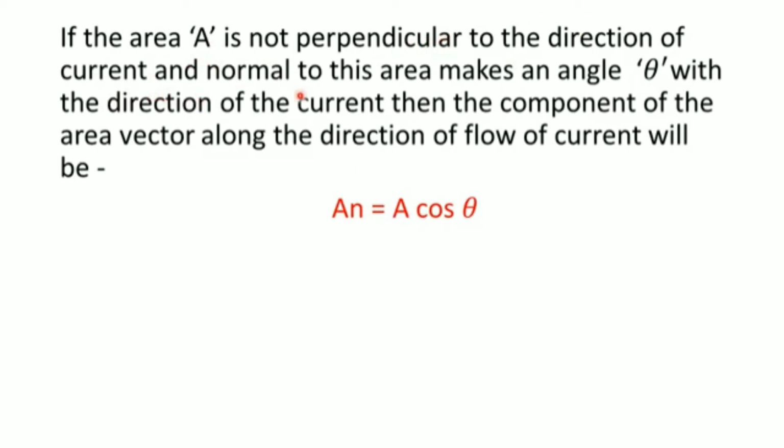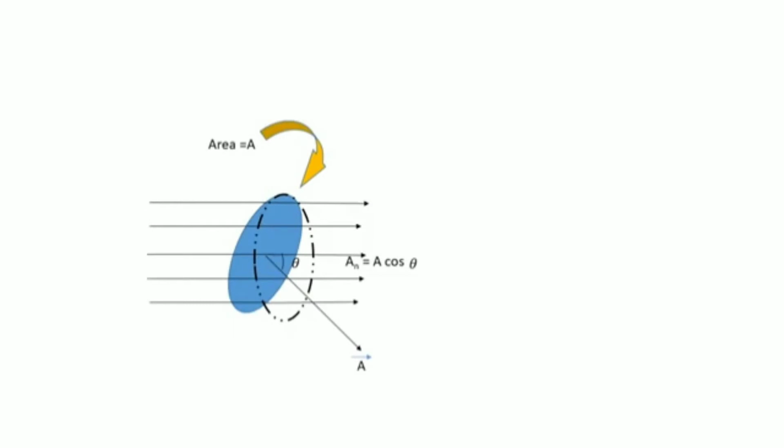What is theta? Theta is the angle between electric current and the area vector, or the angle between two planes. One plane is normal to the direction of flow of current and the other one is making an angle with this normal plane. You can see in this diagram. So the component of area vector along the direction of flow of current, An is equal to A cos theta, will be taken.